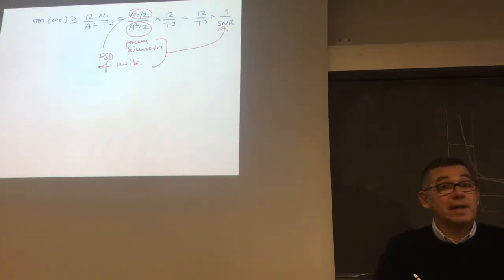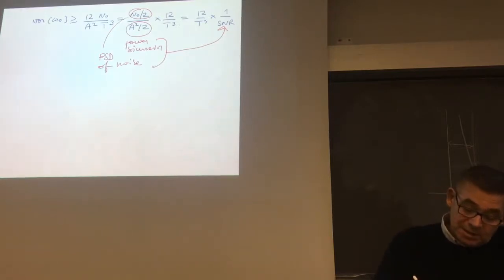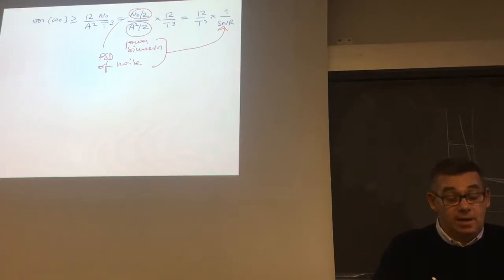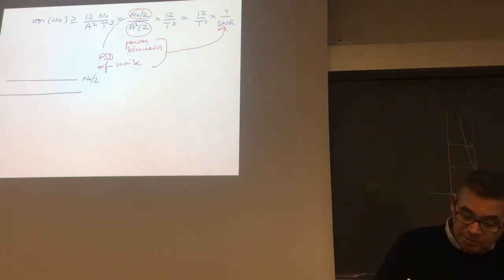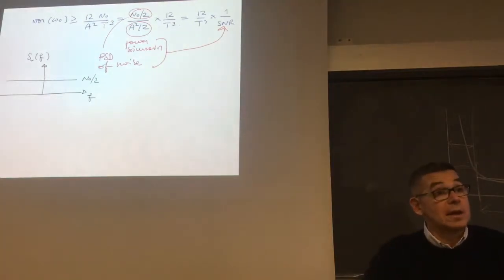So how do I make the discrete time? That means now that my model is a sample. And the power spectral density, which is constant, is n0 divided by 2. This is the power spectral density for the continuous time. For the discrete time, what I need to do is to pre-filter.